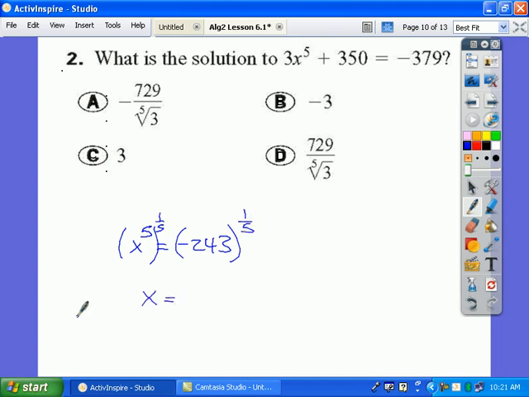And in this case, fifth power and 1/5 power cancel out, and negative 243 to the 1/5 power should be negative 3. Okay. Because it is an odd power, there should only be one solution, and that is to say, if you take negative 3 times negative 3 times negative 3 times negative 3 times negative 3, you will get negative 243.